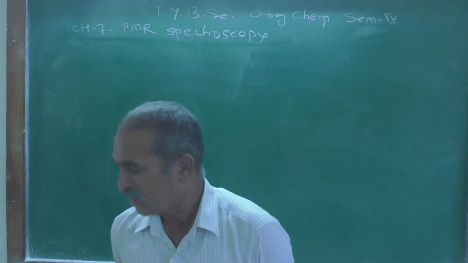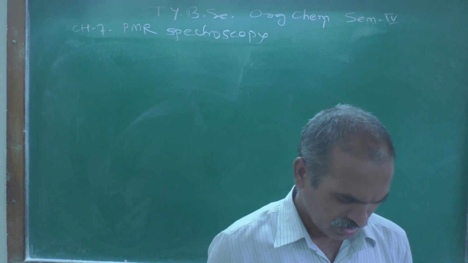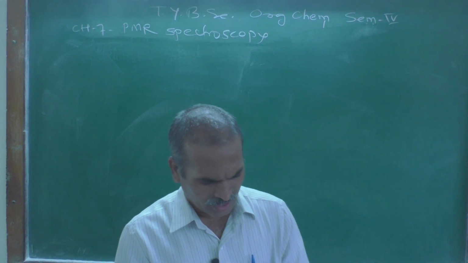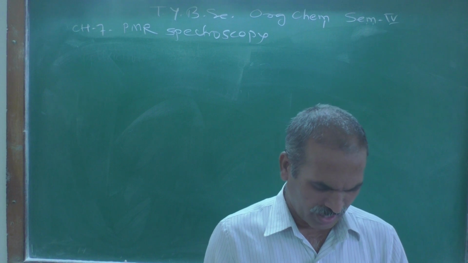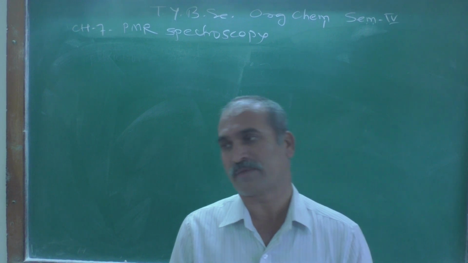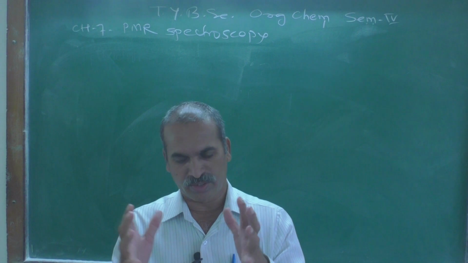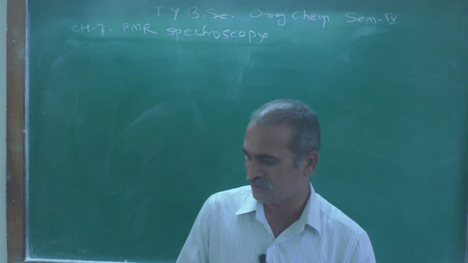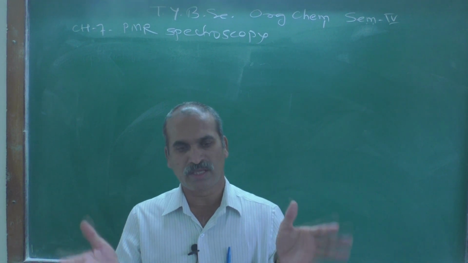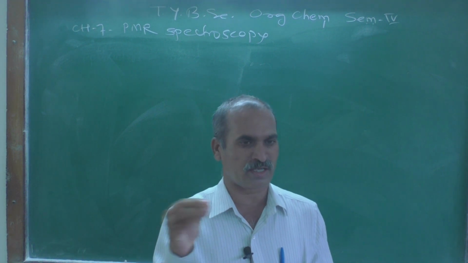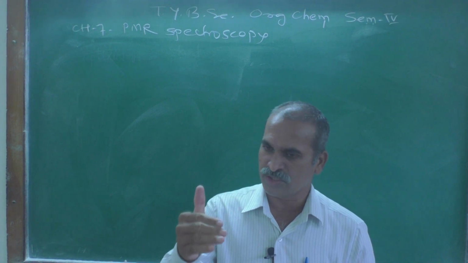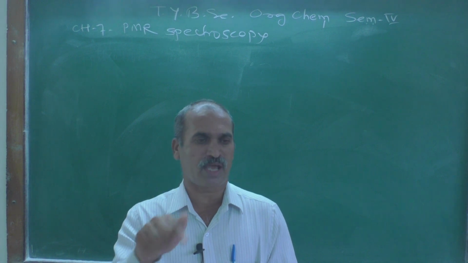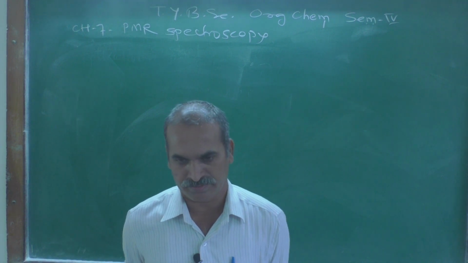And the next one, the coupling constant J, can be used to determine the stereochemistry of the proton. We know that the coupling constant is the separation between the peaks within a multiplet, denoted by J, and measured in cycles per second or hertz.